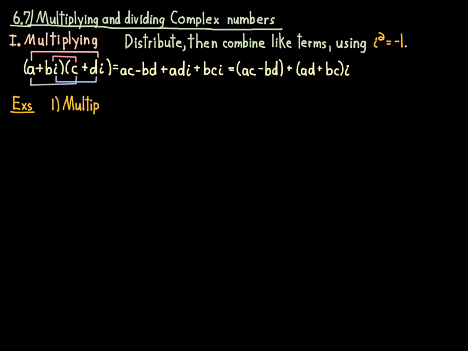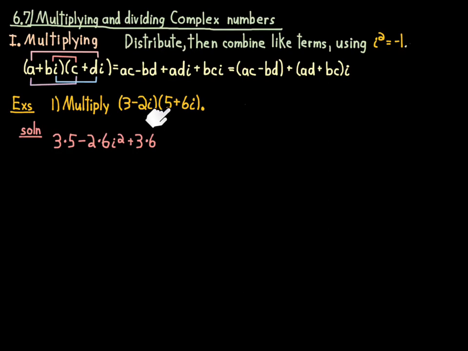So for example, multiply 3 minus 2i times 5 plus 6i. And implied in this is that you'll write your answer in standard form. Okay, so I just distribute. So I get 3 times 5, right?